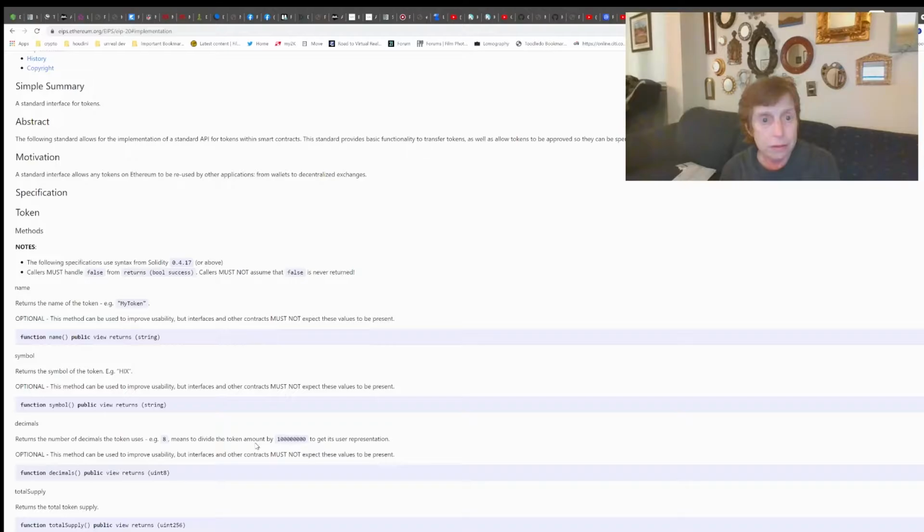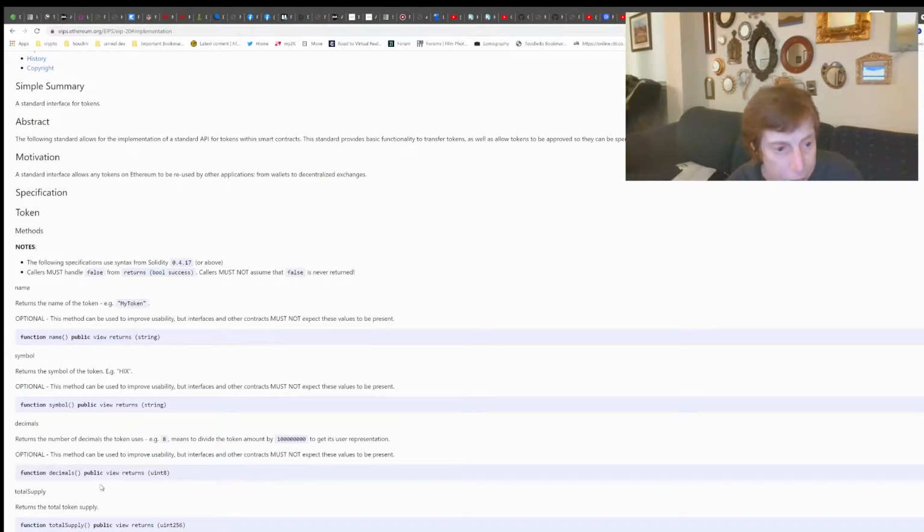So these are standard smart contract tokens. And there are a number of methods that it has to implement to make it a proper token. So let's go through them. First is name, and that's the name of the token, the symbol of the token, the decimals.